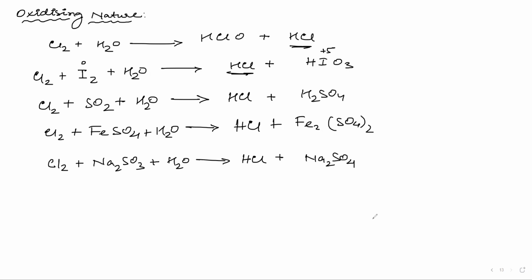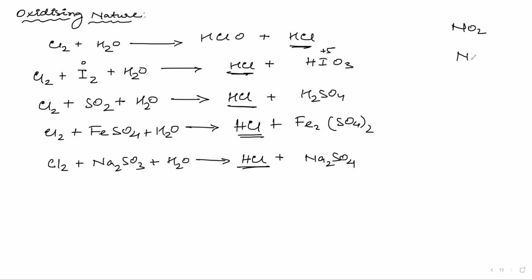Done. At least one product, please remember, is HCl. Whenever you have the oxidizing power of any reagent, for example in HNO3, we said before that with Pb it will be one product, and if it is concentrated, it will be NO2.